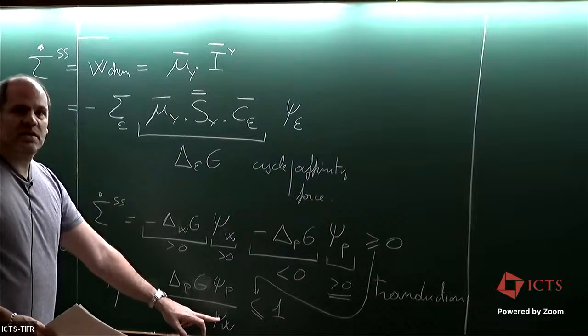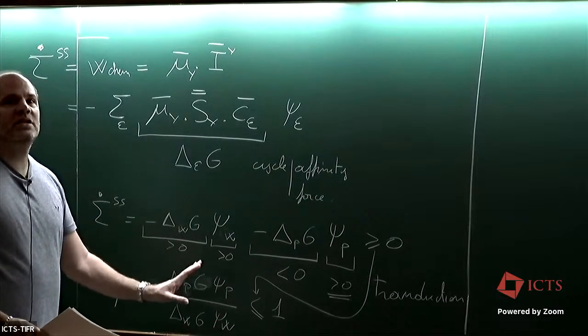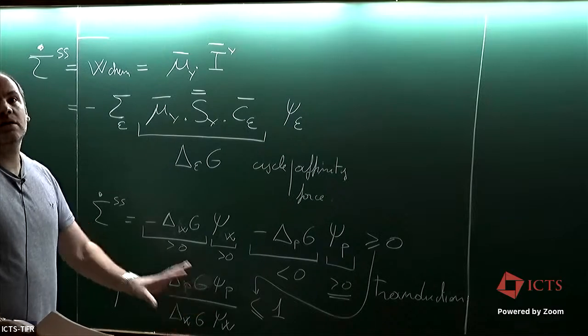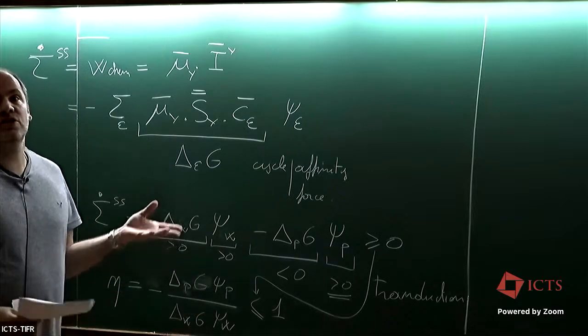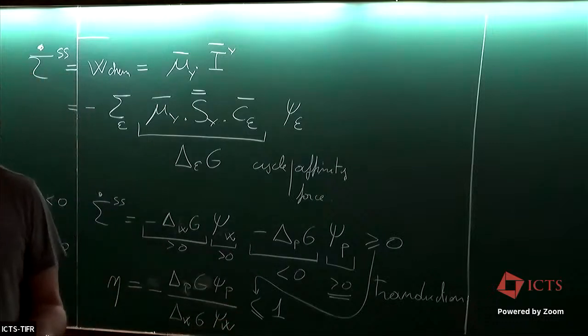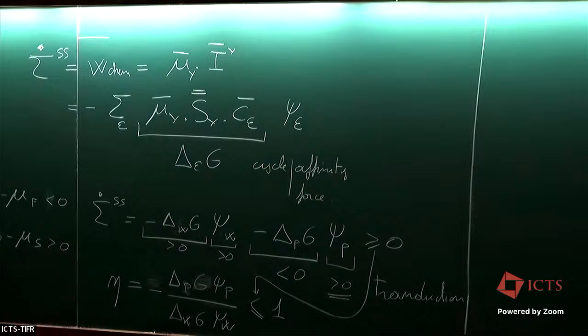These 2 fluxes are the same, so they cancel, and then you don't need the fluxes to make a prediction about efficiency. In general, it's not the case. So in general, the fluxes enter into the efficiency, and then you need to solve maybe your dynamics or to have access experimentally to those fluxes to know what is the efficiency.